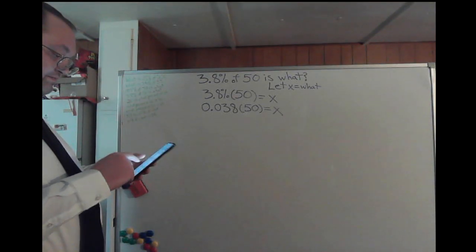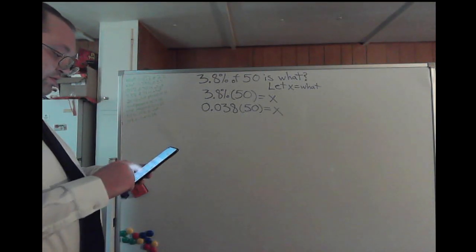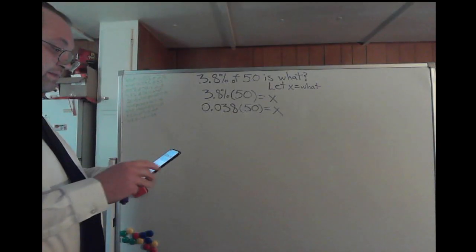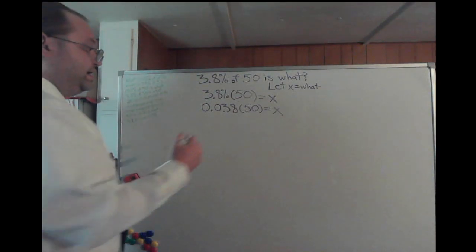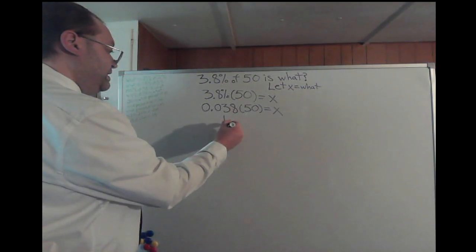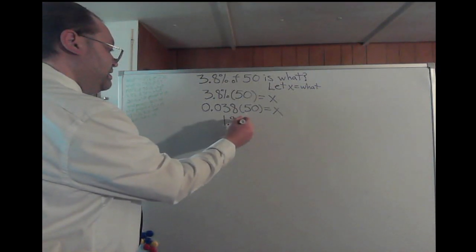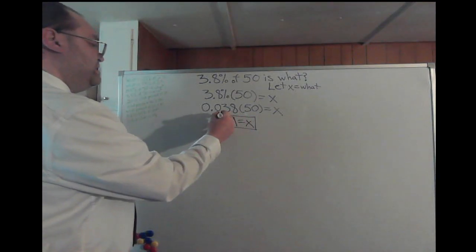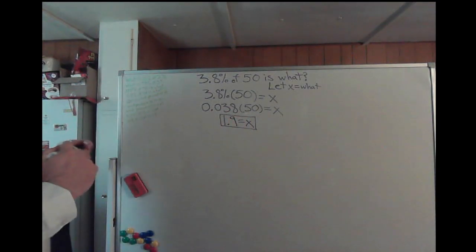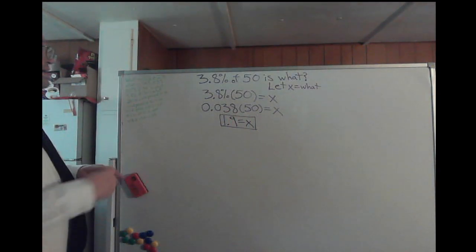So we have 0.038 times 50. Looks like it's going to be 1.9. So 1.9 equals x. So yes, 3.8% of 50 is 1.9.